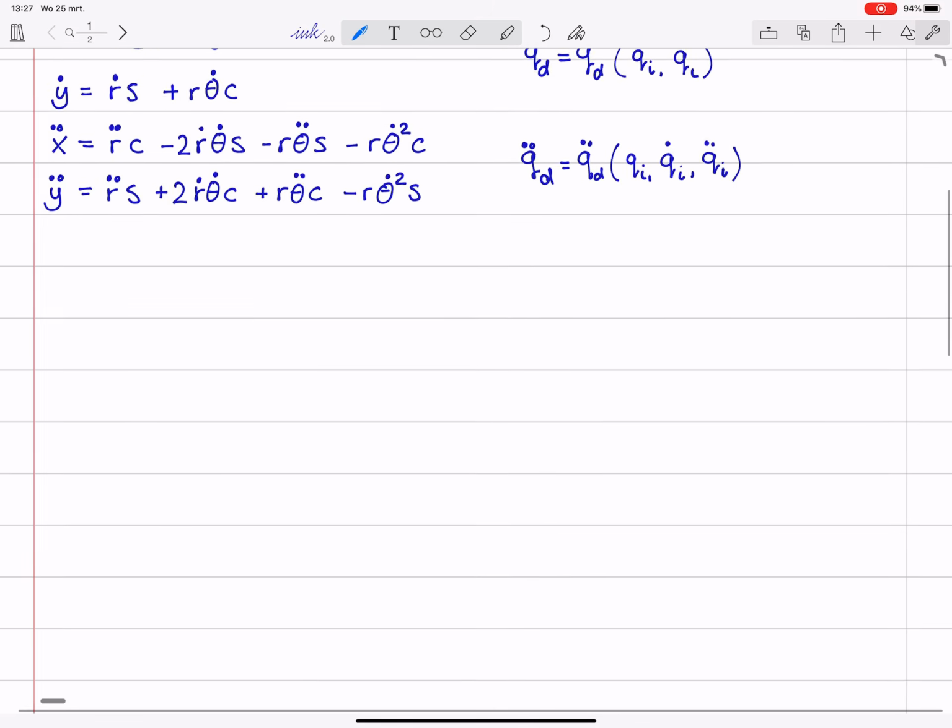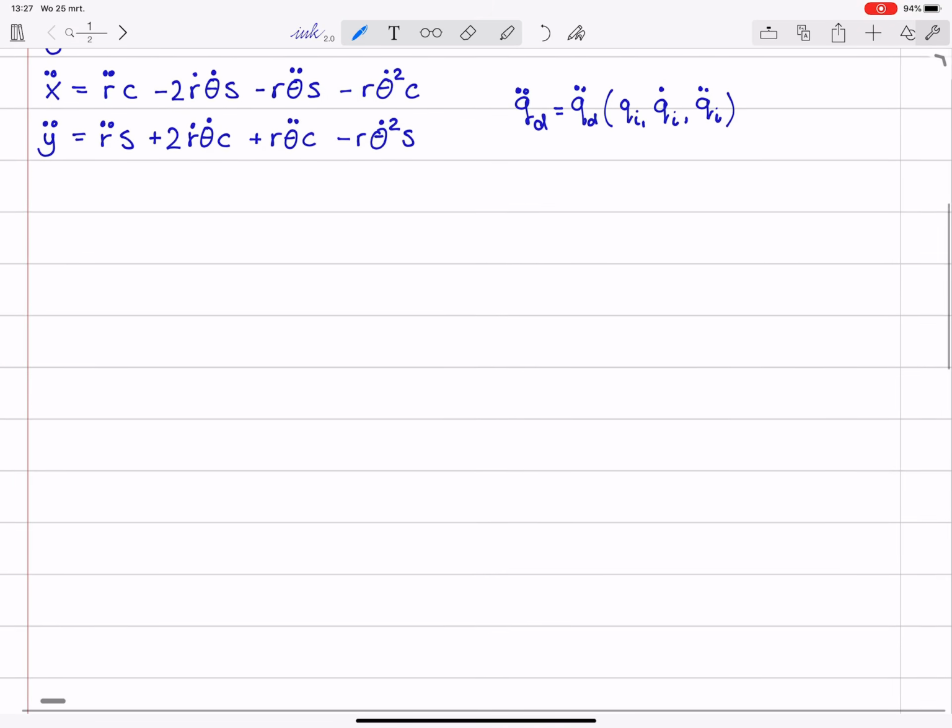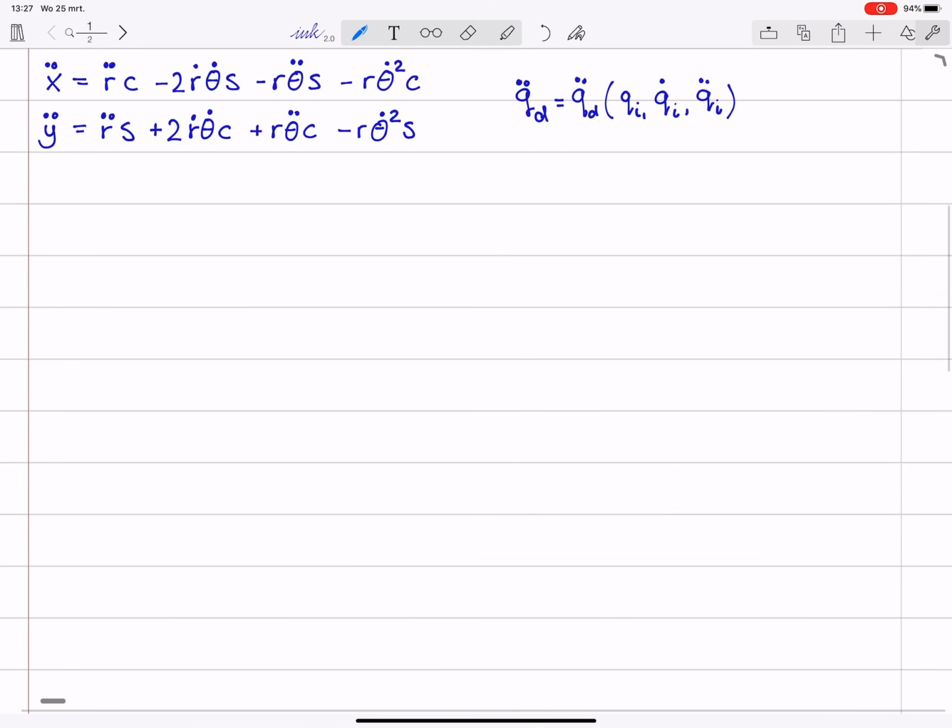Okay, then in this expression for the acceleration, we see 4 terms appearing. And 2 we can recognize from the previous lecture. Maybe start at the back. We have r times theta dot squared. This is the centripetal acceleration.